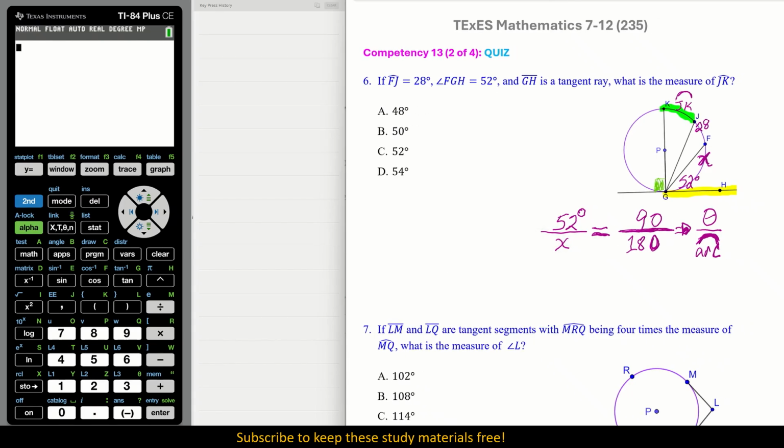So the arc JK will equal our 180 degrees total minus, let's put the 28 in there first, 28 degrees given, minus whatever X turns out to be.